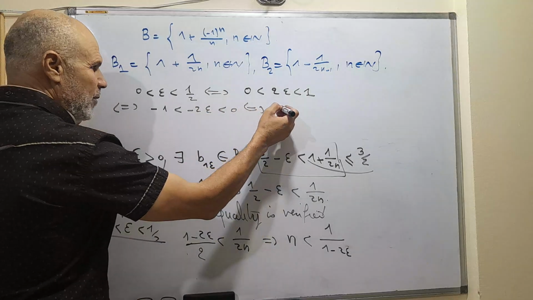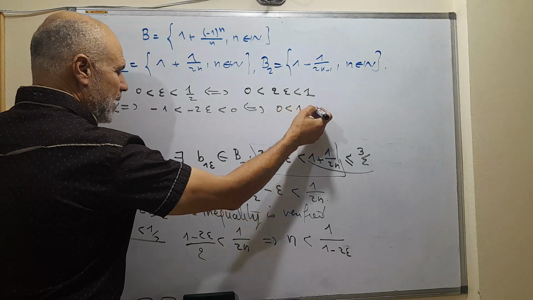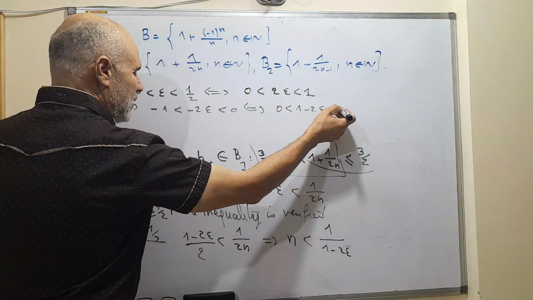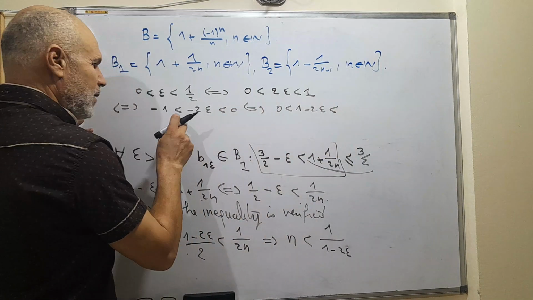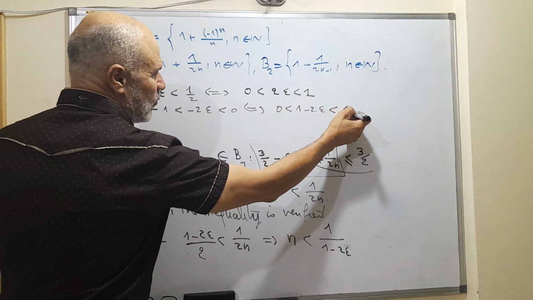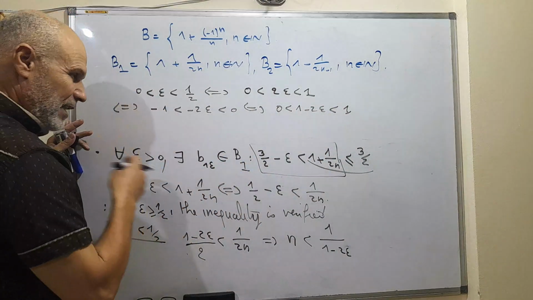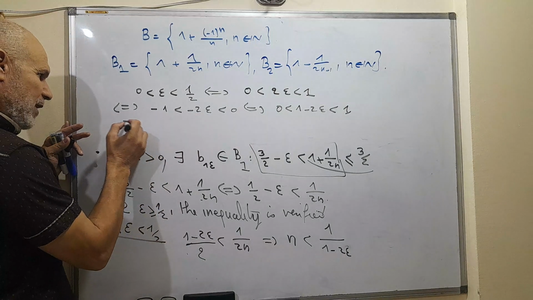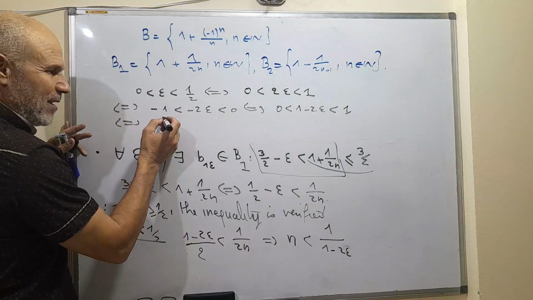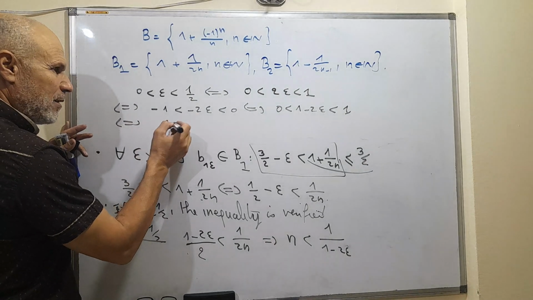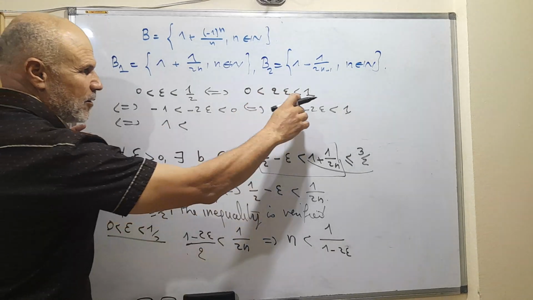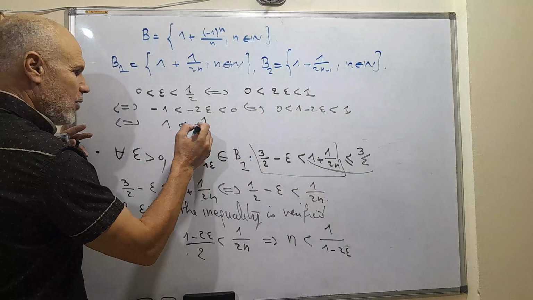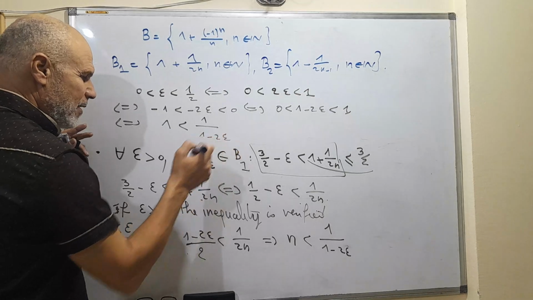If we add 1, we get 0 less than 1 minus 2 epsilon less than 1. If we take the inverse, we will get 1 less than 1 over 1 minus 2 epsilon.